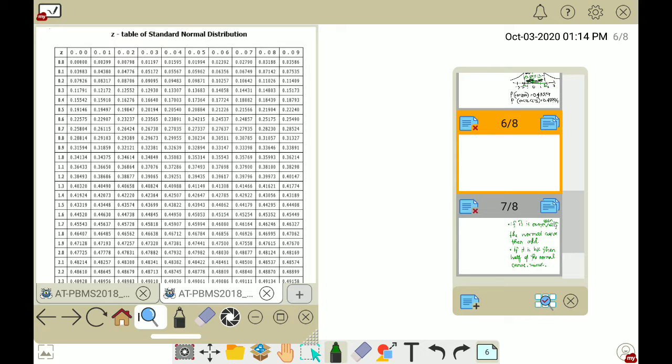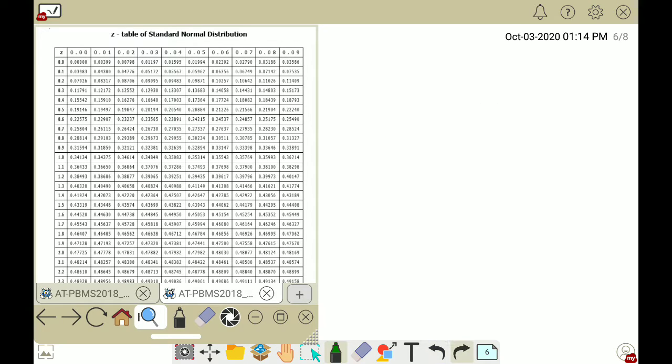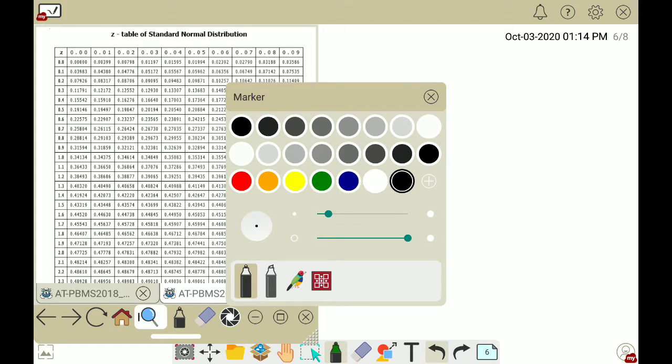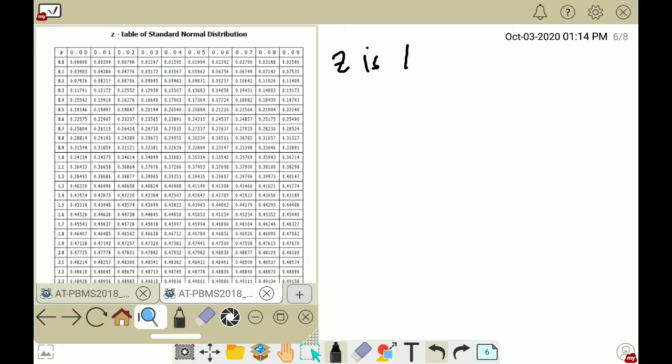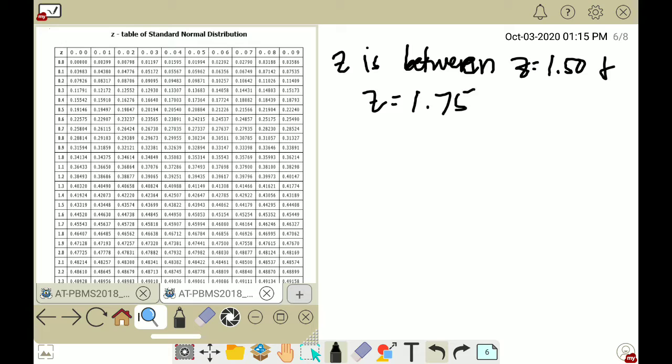If Z is between 1.50 and Z is equal to 1.75. So as you notice, both are in positive form.